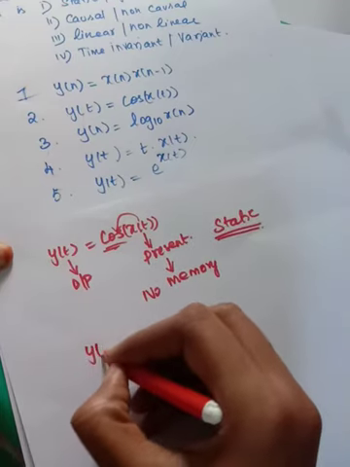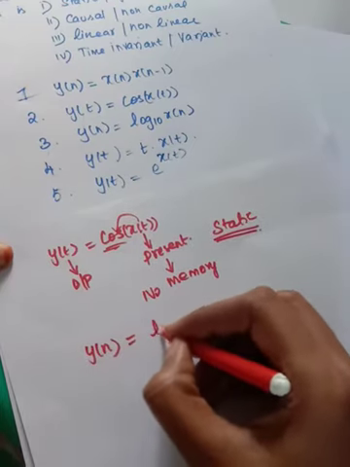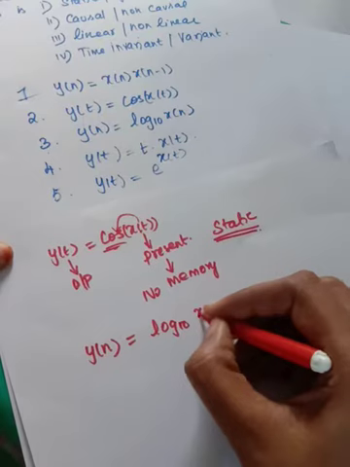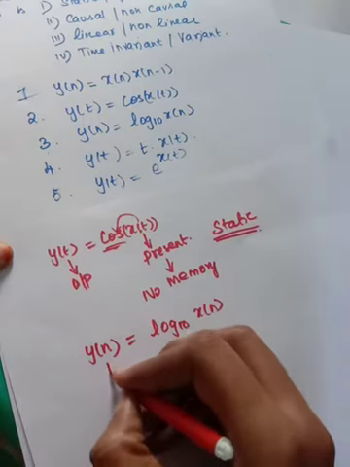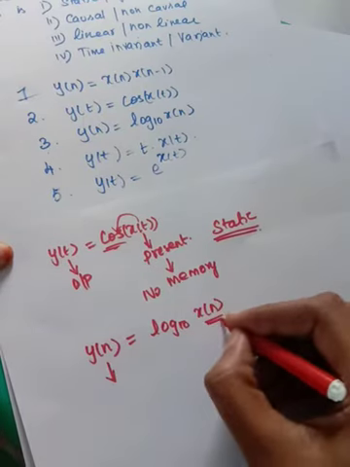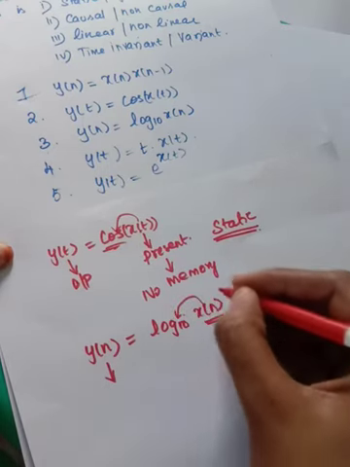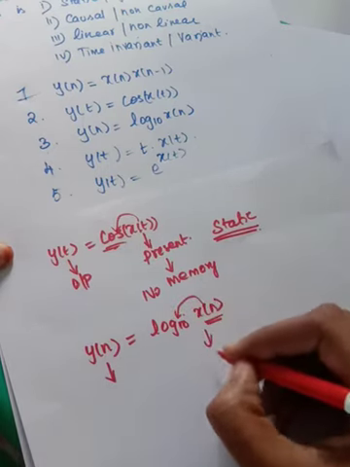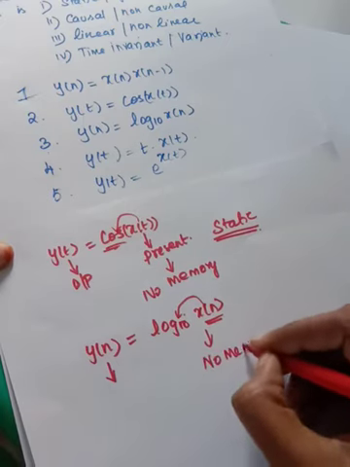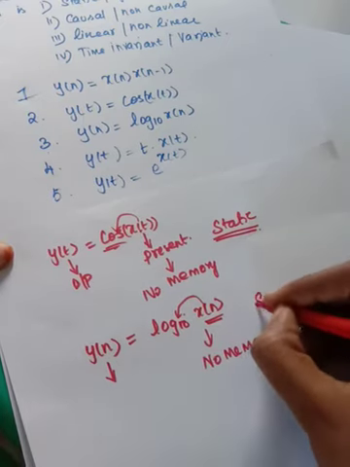Now we will see the third problem, y of n is equal to log 10 x of n. Here also the output depends only on the present input. It is performing the logarithmic operation on the input, so no memory is required, hence the system is said to be static.